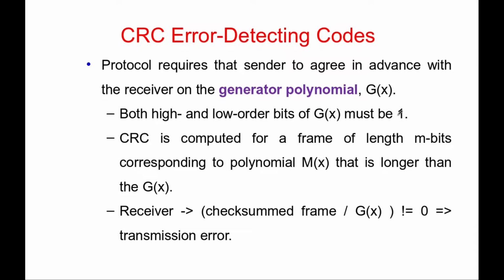Those bits must be 1. That is the condition. Here, the CRC is computed for a frame of m bit length, which will obviously correspond to a polynomial M(x), as we have seen previously. And that polynomial M(x) has to be longer than the G(x), which is initially decided by the two parties.